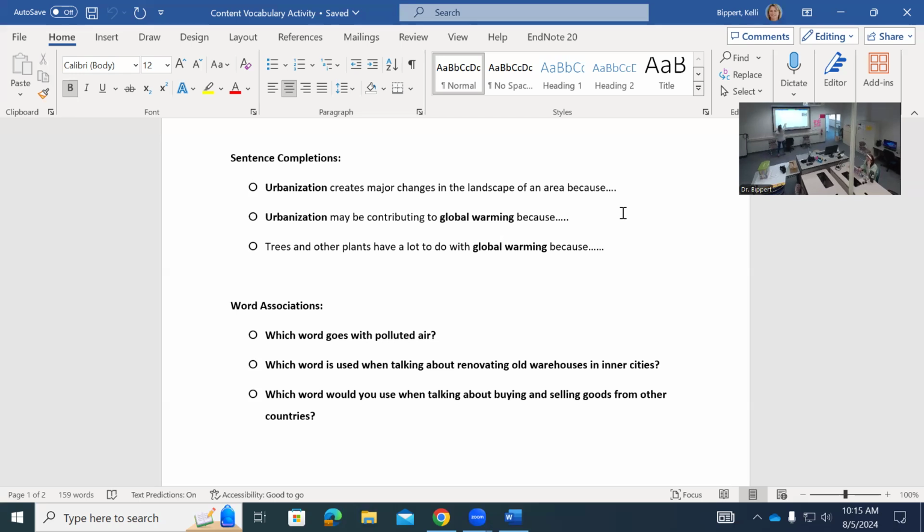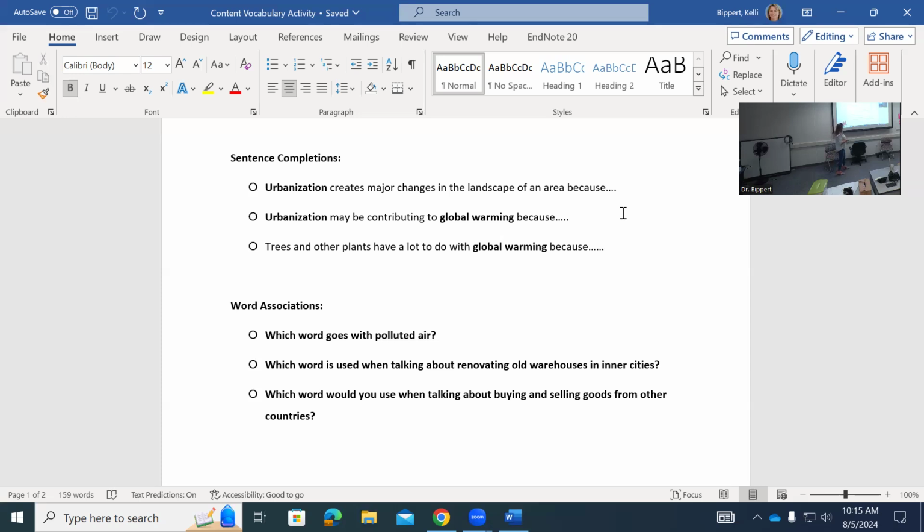Here, what you've done is taken your student-friendly definition and flipped it. I'm going to use what the word means in some context and have them produce the word from their vocabulary list that I'm looking for.